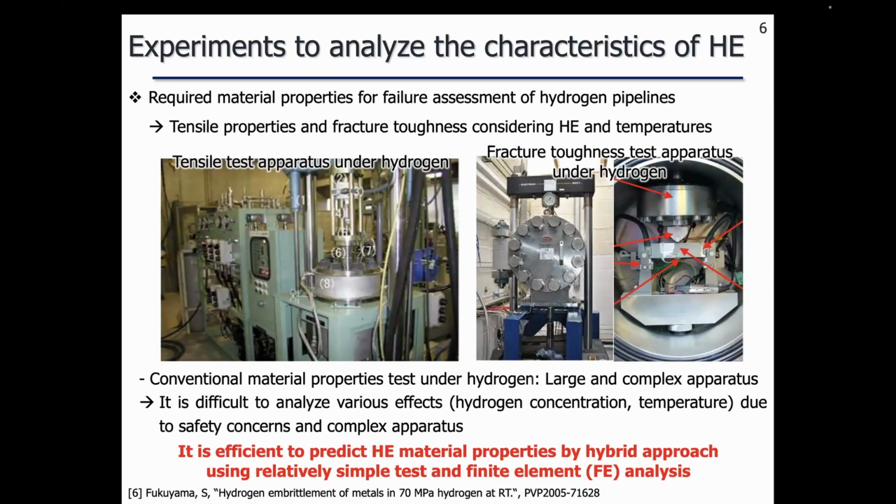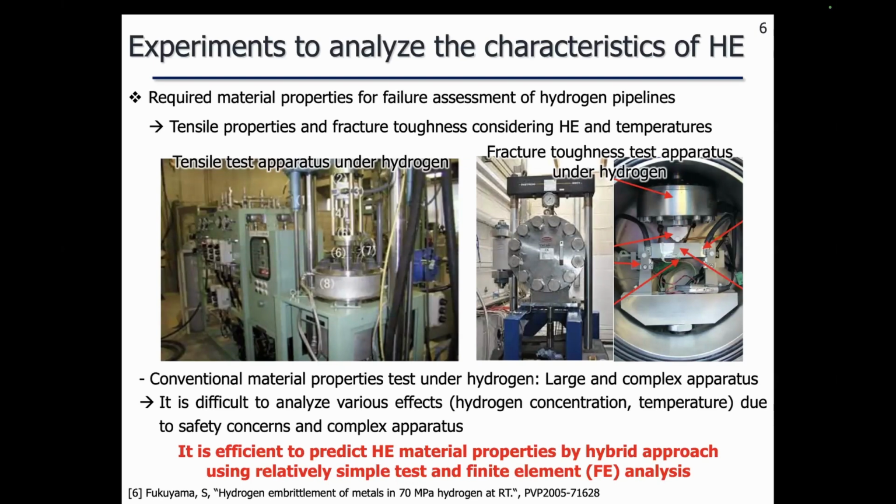However, due to large and complex experimental apparatus and safety concerns, it is not easy to perform many types of experiments, and it is not easy to analyze the various effects such as hydrogen concentration and temperature by using conventional experimental apparatus.